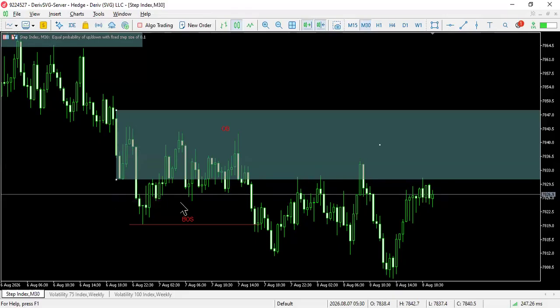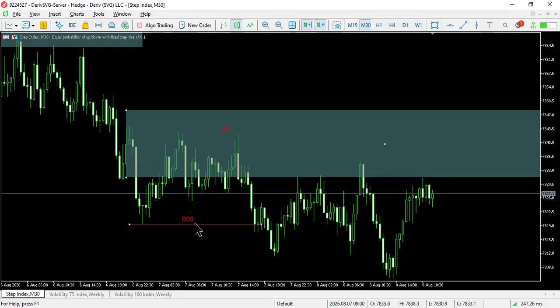So from the M30, we have a break of structure right there.